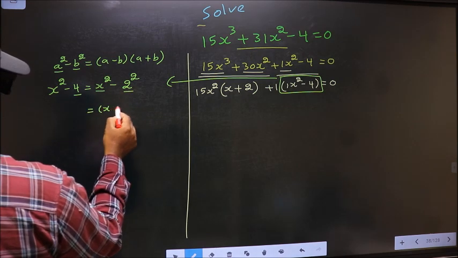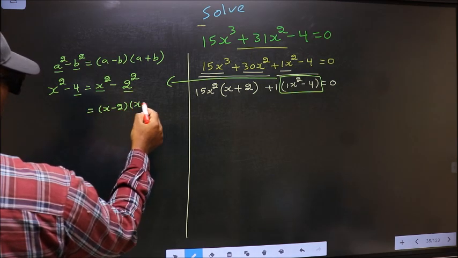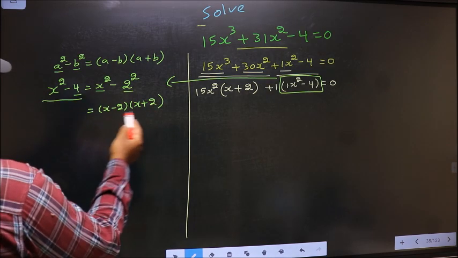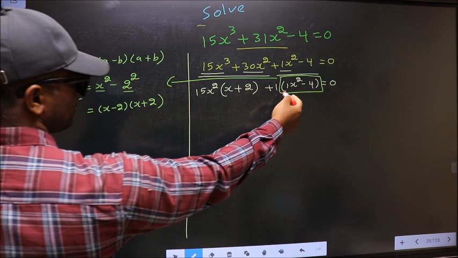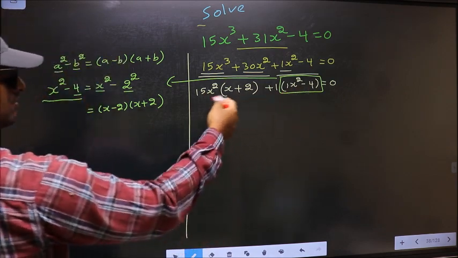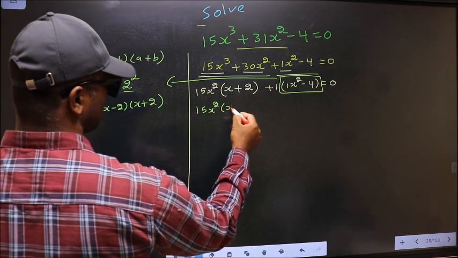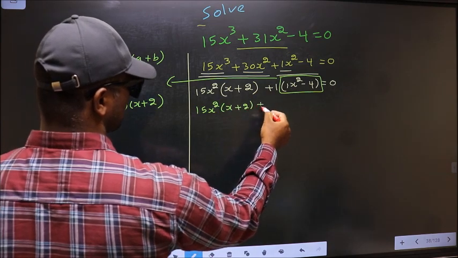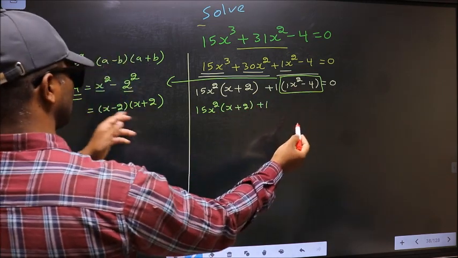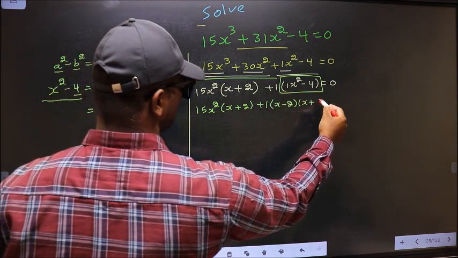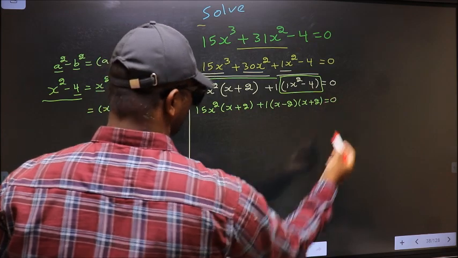So we get x minus 2 times x plus 2. Now in place of this quadratic we should write this over here. So this equation becomes 15x square times x plus 2 plus 1 times x minus 2 times x plus 2 equal to 0.